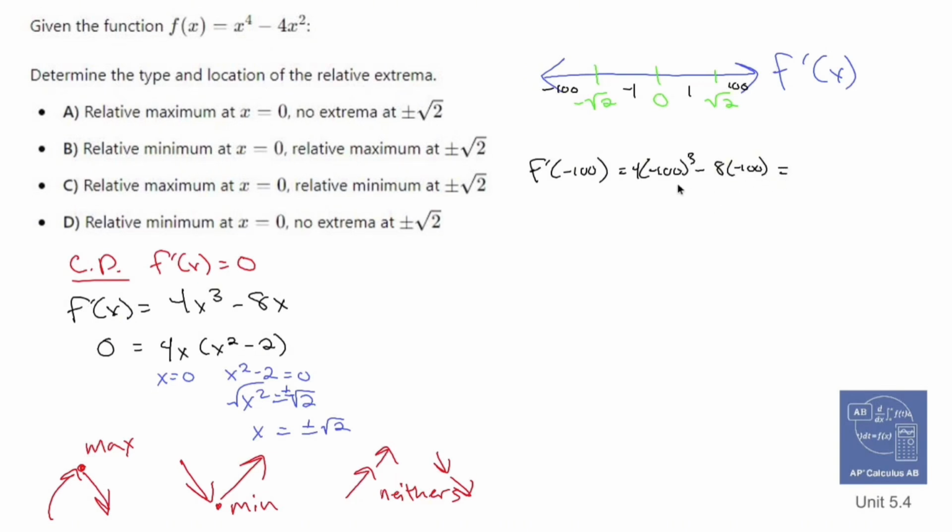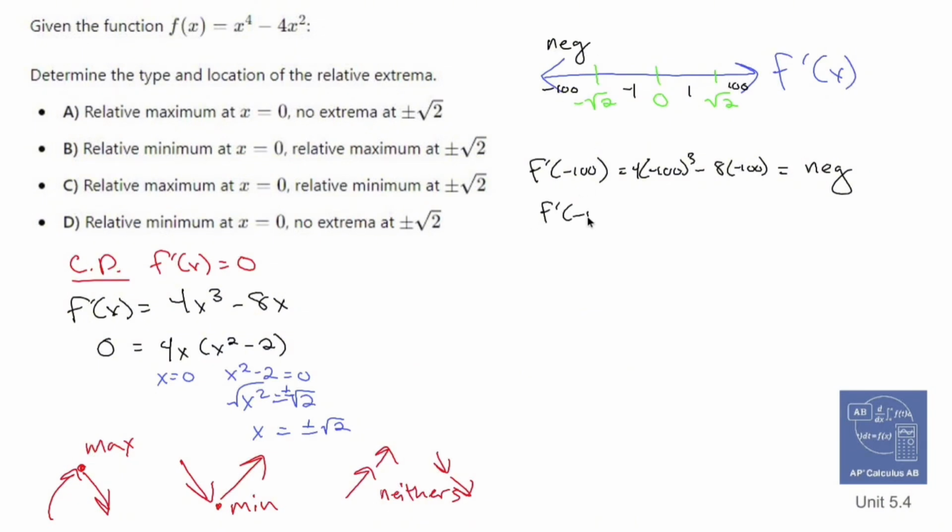Negative 100 times negative 100 times negative 100 is an insanely huge negative number. Multiply that by 4, but adding 800 is going to keep it negative. See what I did there? I don't really care about the number, I just care about the sign.